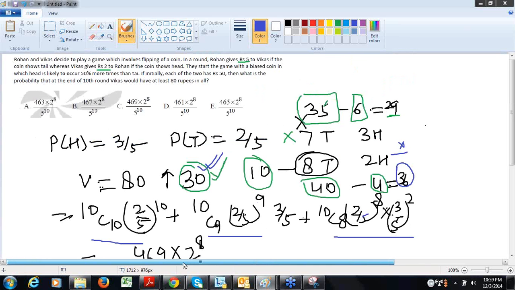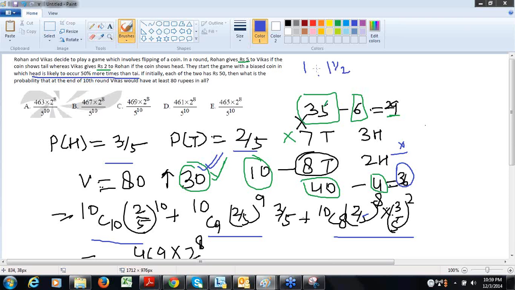Okay, Rahul. Rahul is asking how we are getting 3 by 5 as a probability. See, if the head is likely to occur 50% more than tail, what does it mean? It means that if tail is coming 1, then head is coming how much? 1.5 times.